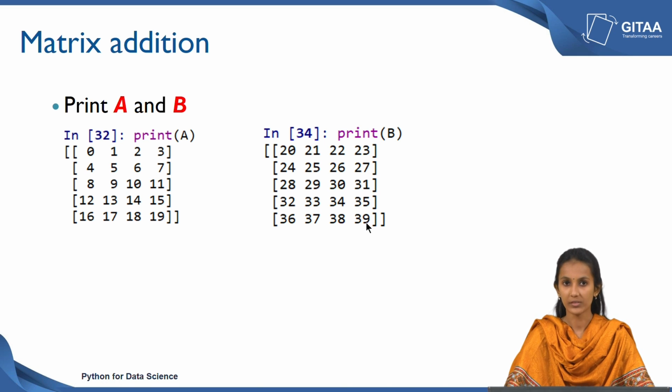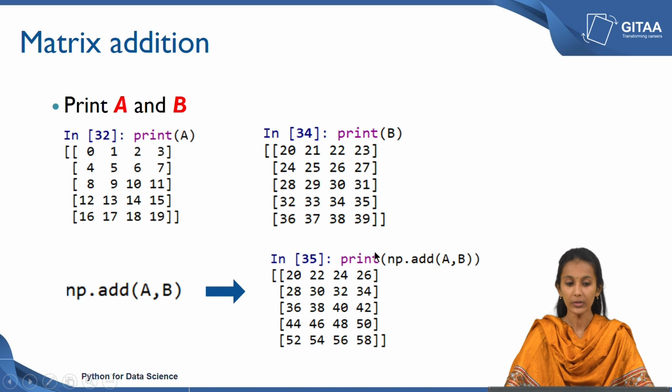Let's do this matrix addition for both the matrices A and B. np.add A, B. We will get an output. It adds element wise. It adds 0 plus 20 and next one will be 1 and 21. You will get an output like this: 20, 22, 24 and 26, etc.